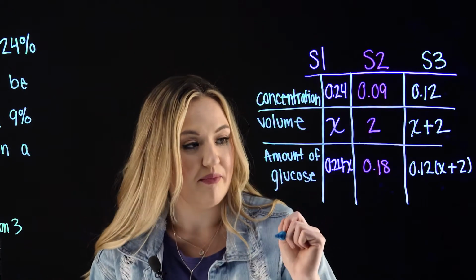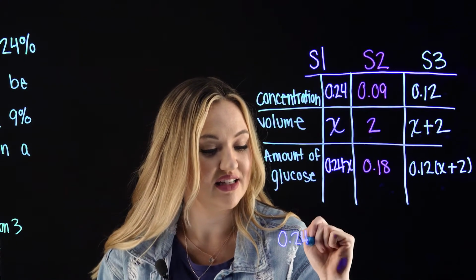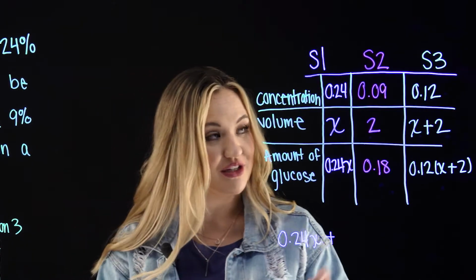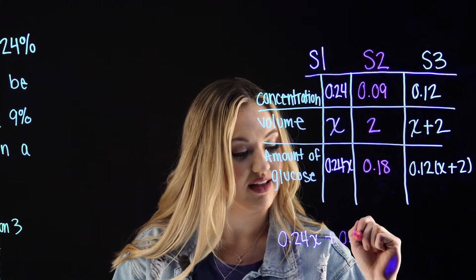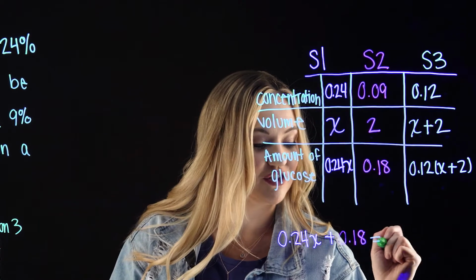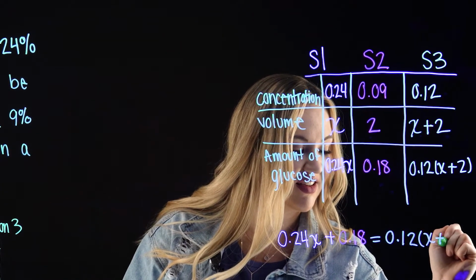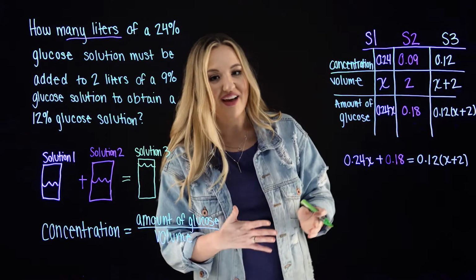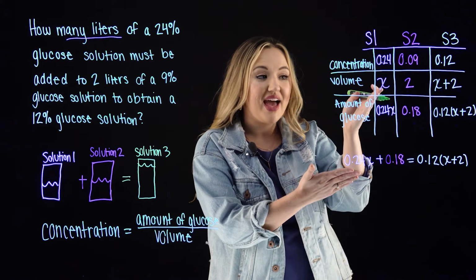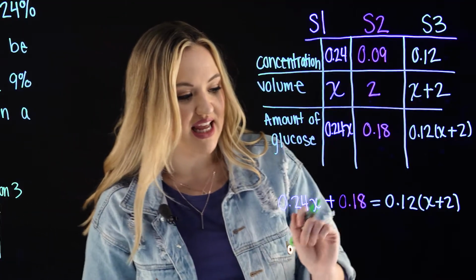The amount of glucose in solution 1 is 0.24x, plus in solution 2 is 0.18, and then equals that of solution 3. So now we have an equation with x as a variable. And remember that x is what we're trying to find, the number of liters of solution 1.